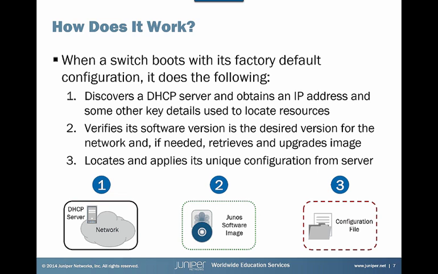It will then verify its software version, make sure it's the correct version for the network, and if it's not, it will retrieve and upgrade the software image so that it's compliant with the network. The next thing it does is locate and apply a configuration file from the server.